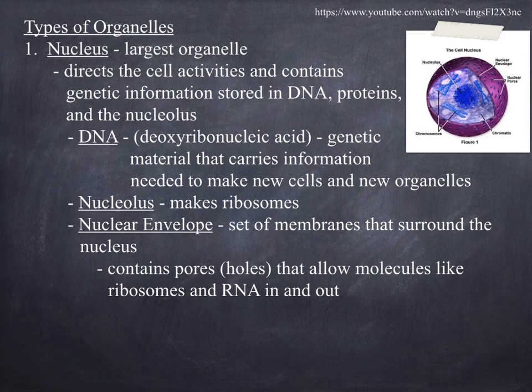It contains these little holes called pores that let molecules like ribosomes and RNA in and out, which becomes really important when we start talking about building protein and some of the other processes that go along with DNA and RNA. So that's the nucleus. Like I said, it's kind of like the brains of the place.